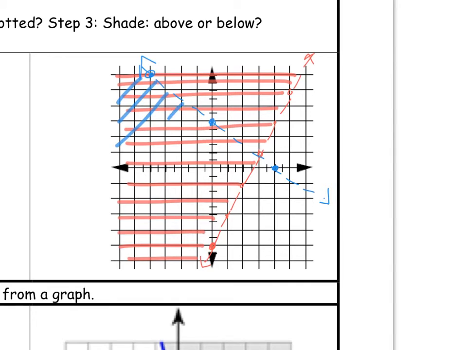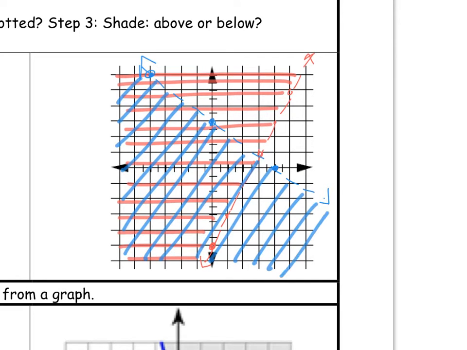And if you'll notice, I have this area right here is double shaded with blue and pink, and then there is a section that's just shaded with blue. So our solution to this inequality is this double shaded area right here. That, on this graph, is the solution to our systems of inequalities.